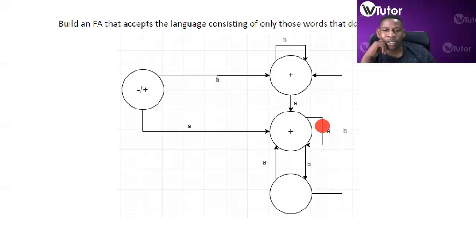If you have A's and you've got a B, go to a non-final state. A, B, go to a non-final state. After B's, you can have an A. At the moment you have an A, B, you go to a non-final state. Whether you have an A, you can go to a final state, and the B, you can go to a final state. So this will become the finite automata for the suggested language.